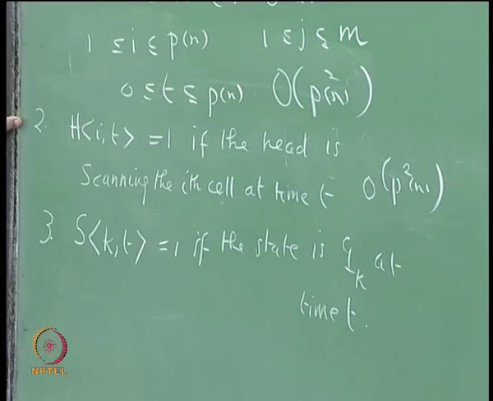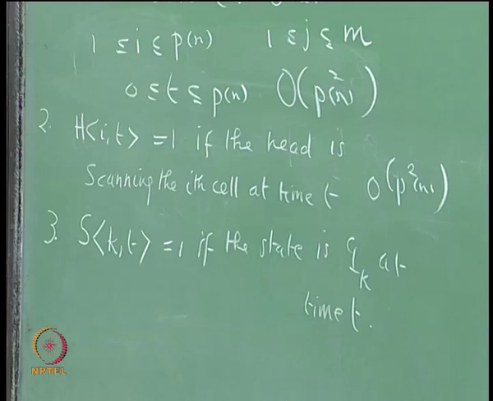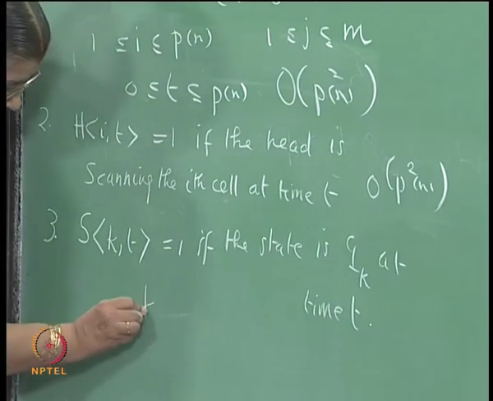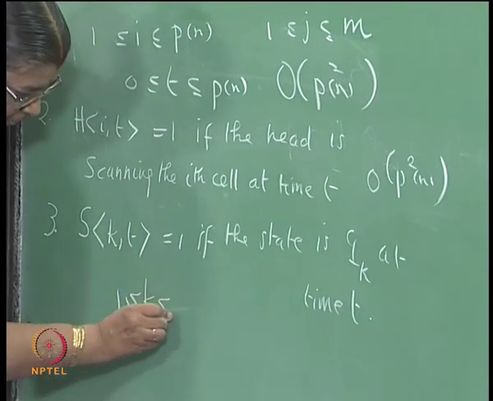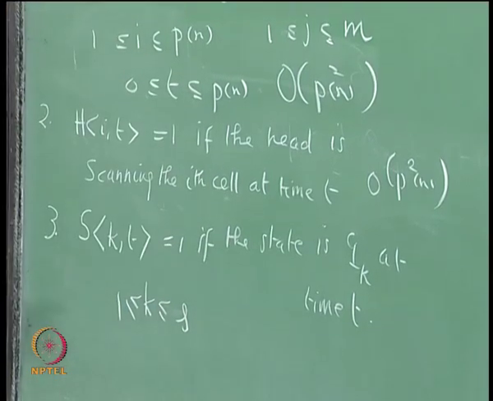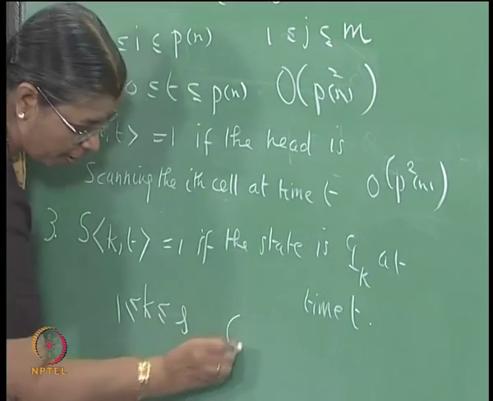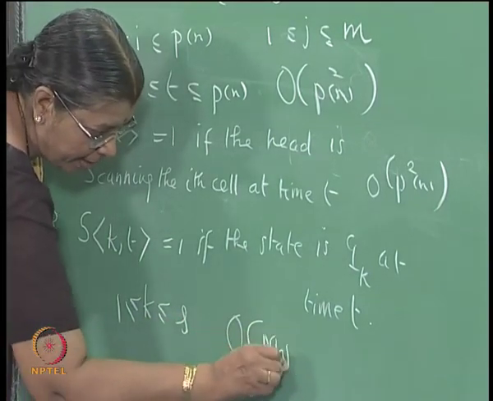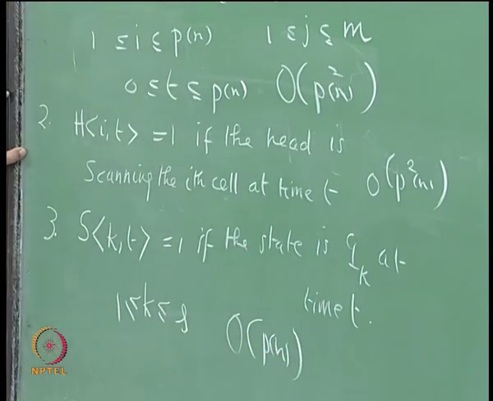Now, k of course will vary from 1 to s, range for k is 1 to s, for t it is 0 to P of n. So, here you have order P of n variables.